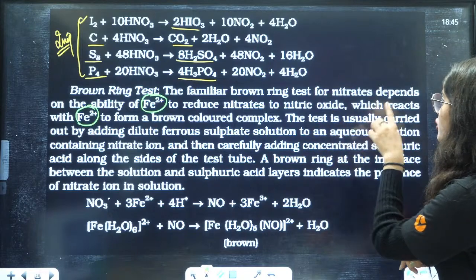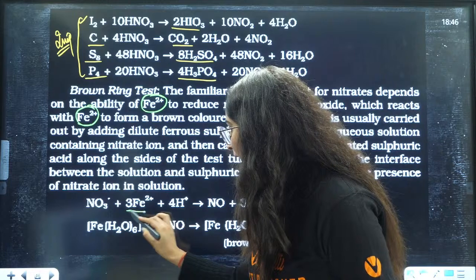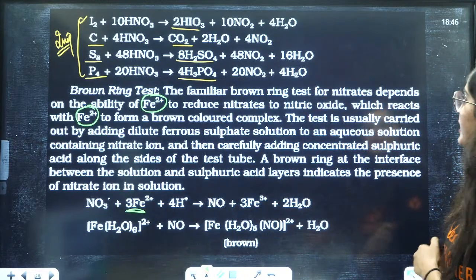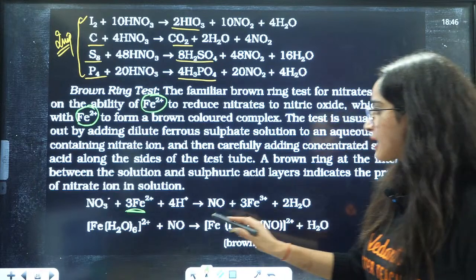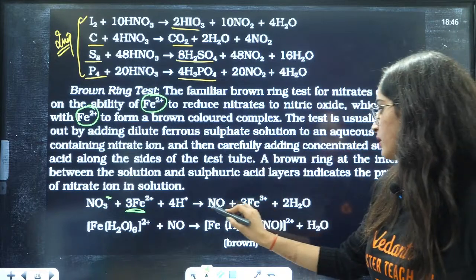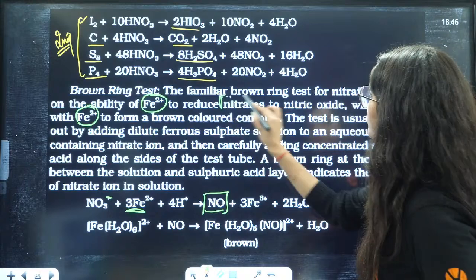The test is usually carried out by adding dilute acid. For example, you have Fe2+ ions. So this is your nitrate, and it will get reduced to nitric oxide.